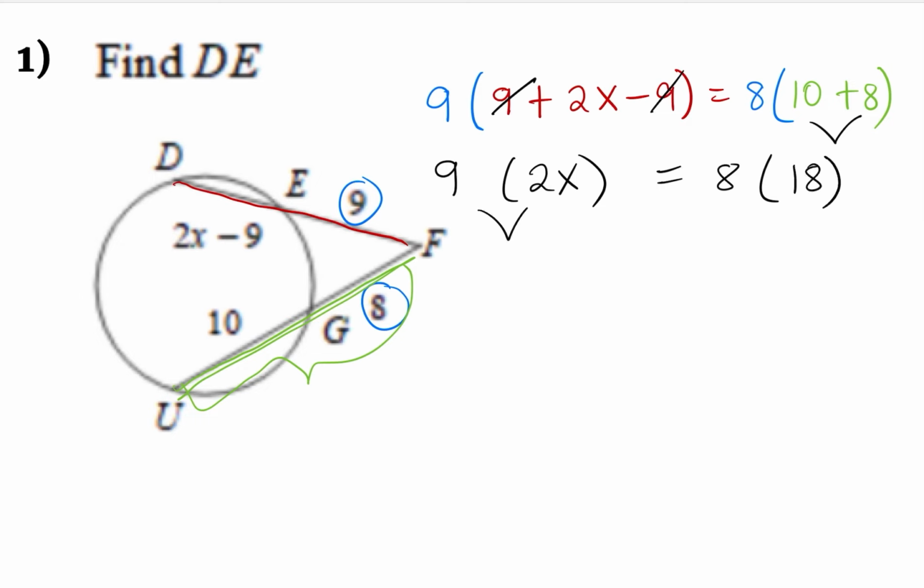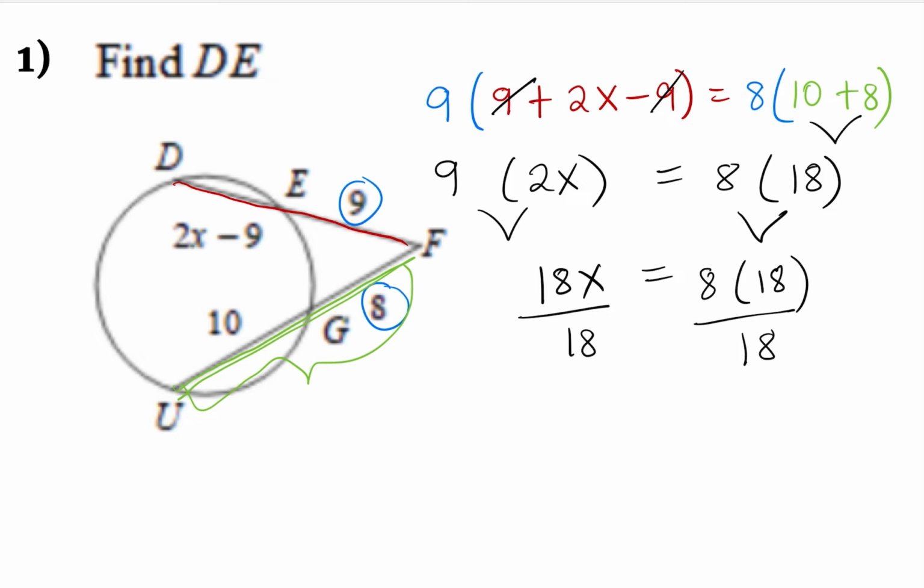So the left side of the equation gives us 18x. As we multiply, on the right side, what is 18 times 8? Okay, so simplifying, 8 times 18, and then we divide each of these by 18. As you can see, this would be easier to simplify because then we can cancel these.